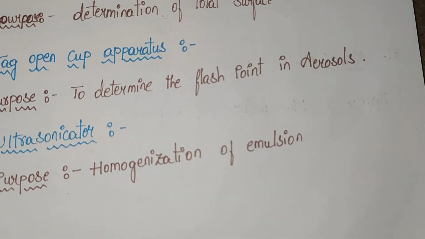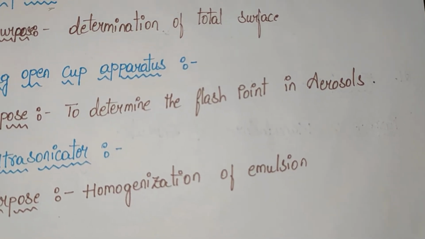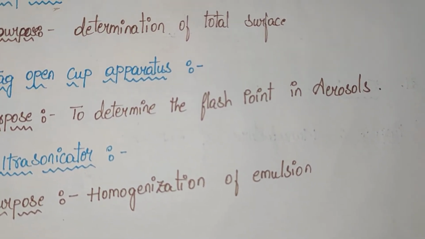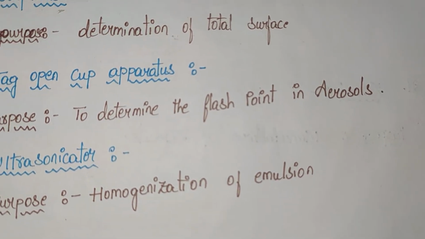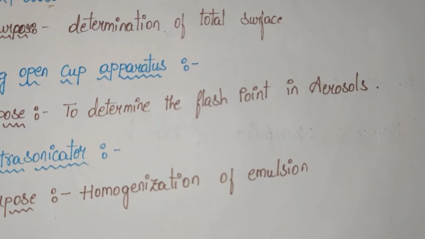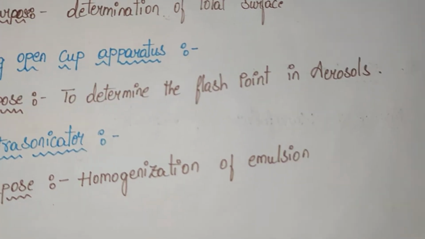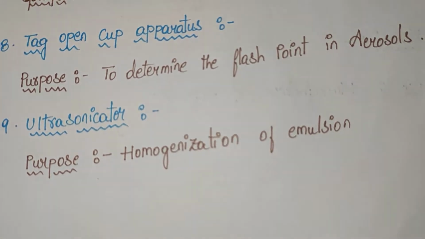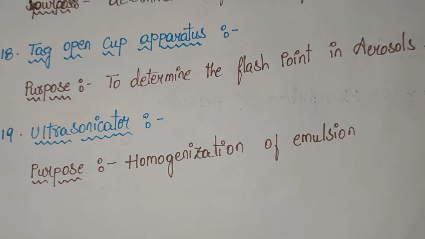So we have to take an aerosol and a matchstick and then we have to flow it. Whenever the aerosol catches the fire, based on the length, we have to find out whether it is safe or not. Next is ultrasonicator, and it is used for the homogenization of an emulsion.